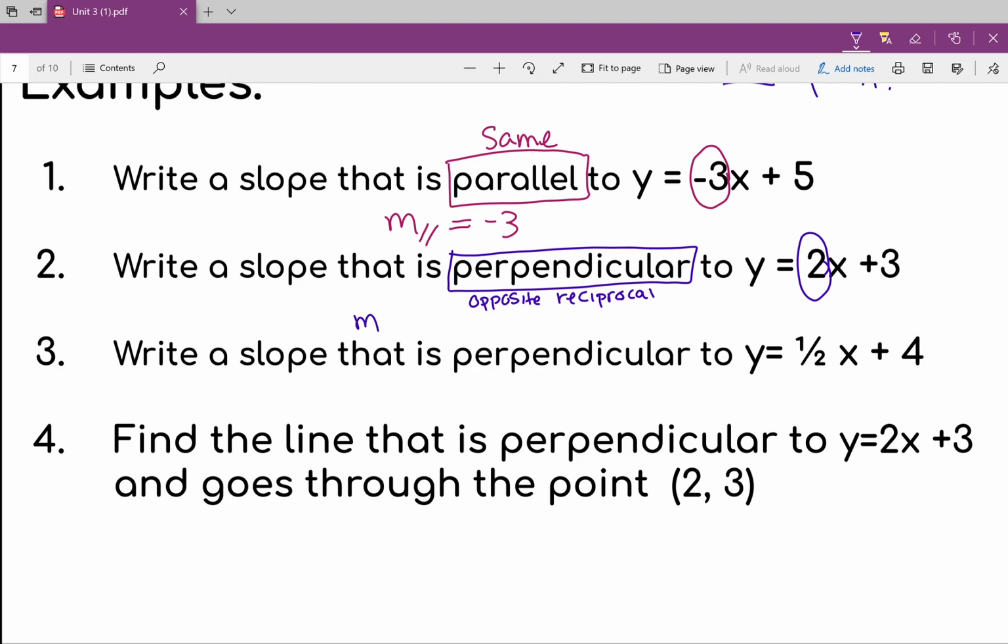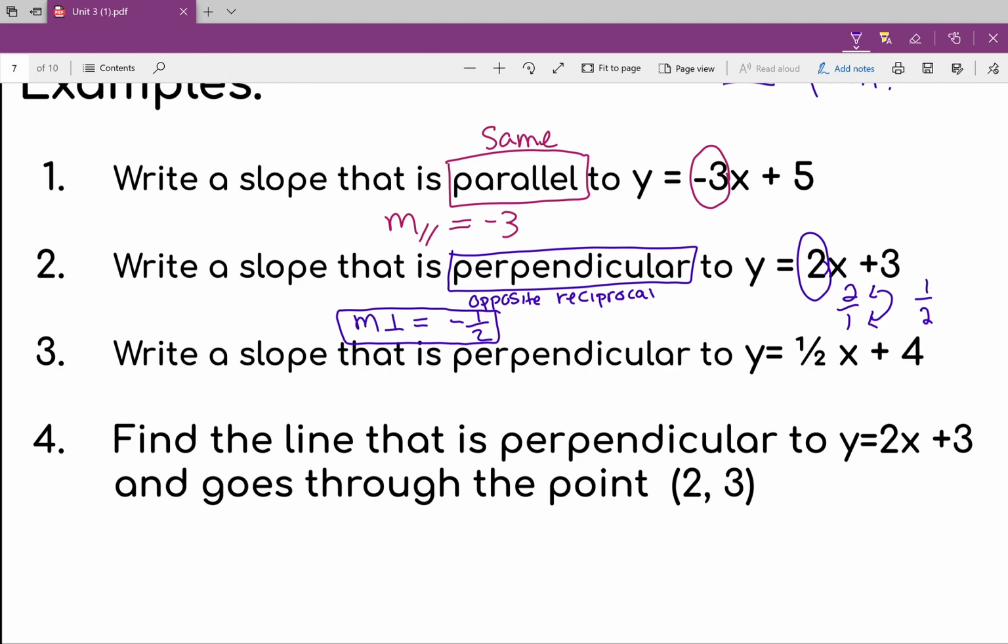So m perpendicular is equal to negative. That's the first step. And then remember, 2 can be written as 2 over 1. If I flipped 2 over 1, it would be 1 over 2. So our slope that is perpendicular is equal to negative 1 over 2. That's our answer.